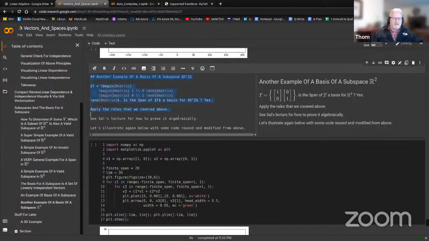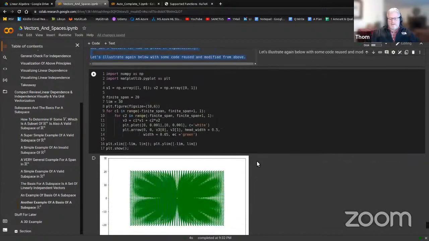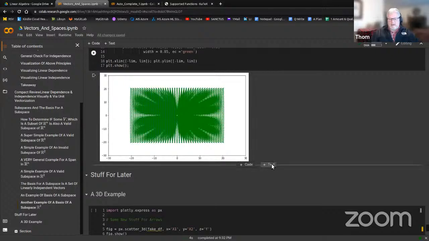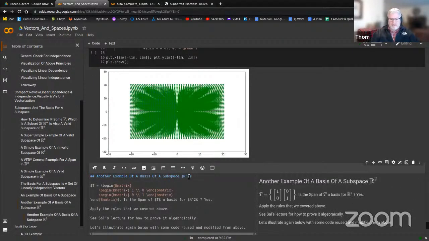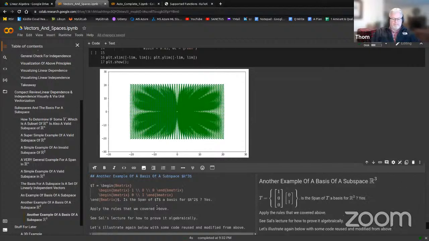Let's cheat and copy all of this. And let's go create a new text block right here. And I'm about to take questions. I just want to show you all this real quick. Let's just exploit this even further. So I'm just going to make 3 dimensions now, right?